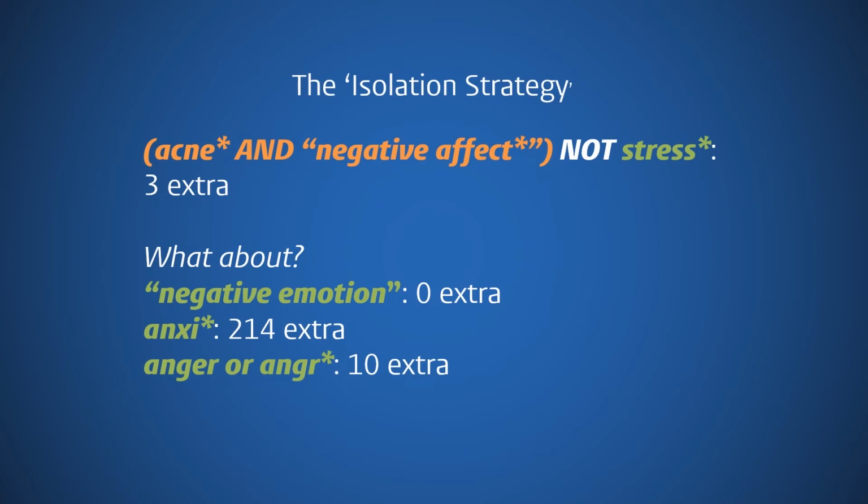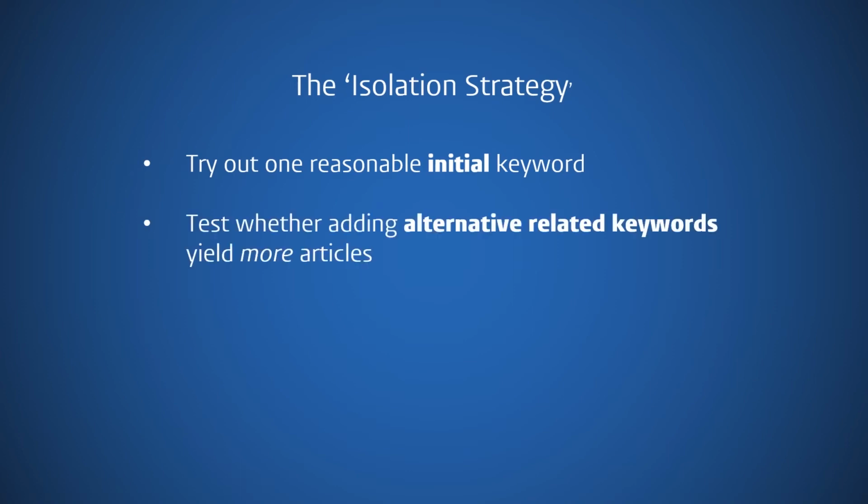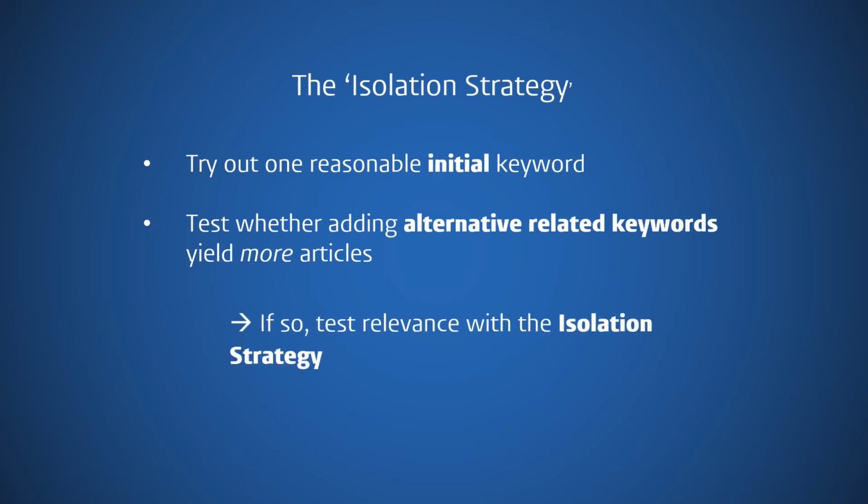Thus, this so-called isolation strategy helps you to easily test out new keywords. Start with trying out a first obvious keyword, in my example stress. Then test whether adding alternative keywords yields more articles. If so, test their relevance using the isolation strategy, which works by isolating additionally found articles by excluding those that were found by the already approved old keywords.